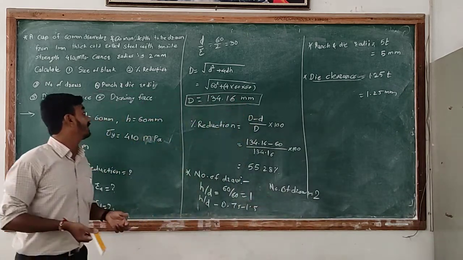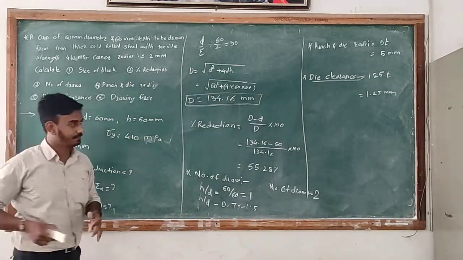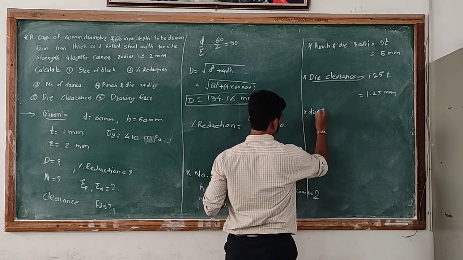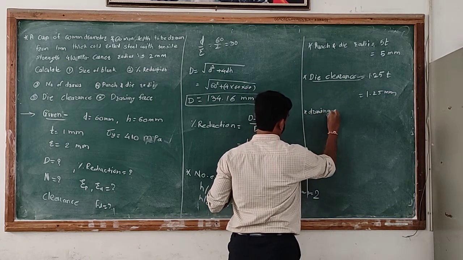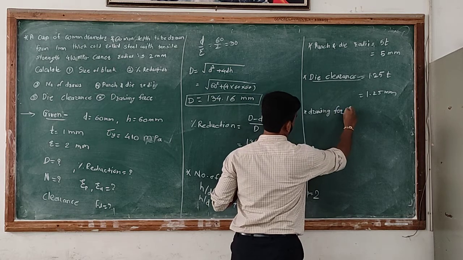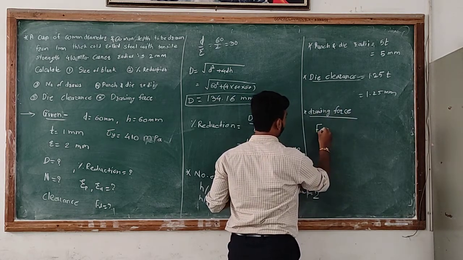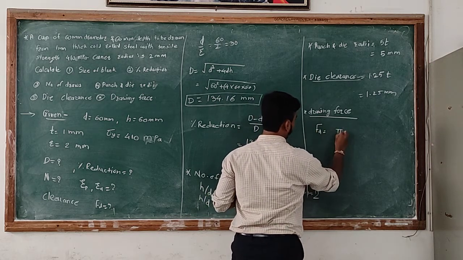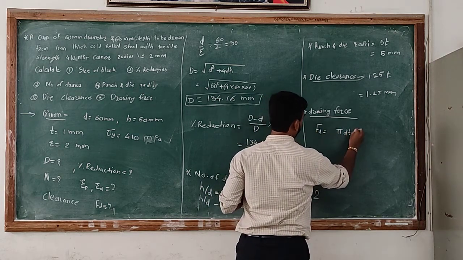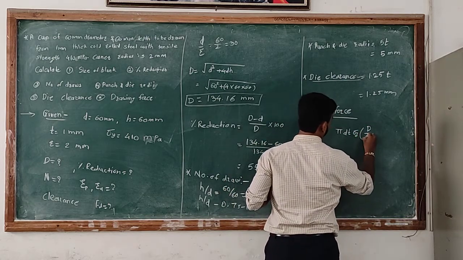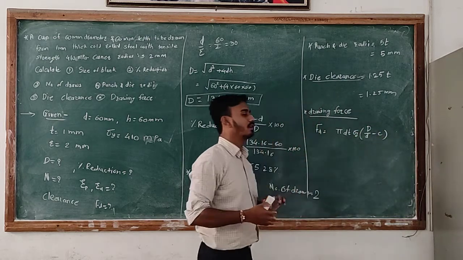Now the last thing they ask is the drawing force. What is the formula for drawing force? FD is equal to pi d t into sigma y into (capital D divided by small d minus c).